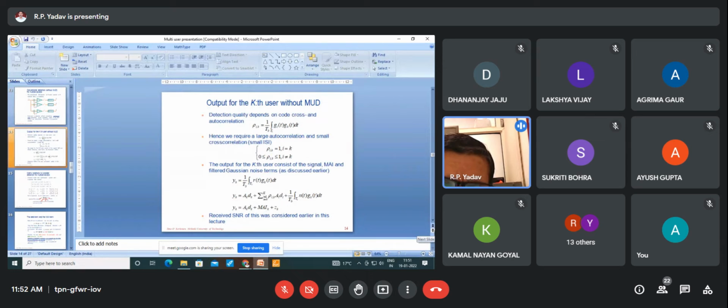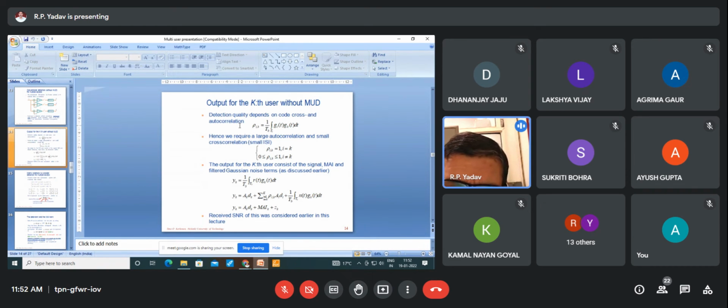So detection quality depends upon code cross-correlation and autocorrelation, which we have already talked about. If the autocorrelation generates a maximum, obviously that signal will be taken. If some codes generate cross-correlation, that may be problematic for the system. Hence, we require a large autocorrelation and a small cross-correlation.